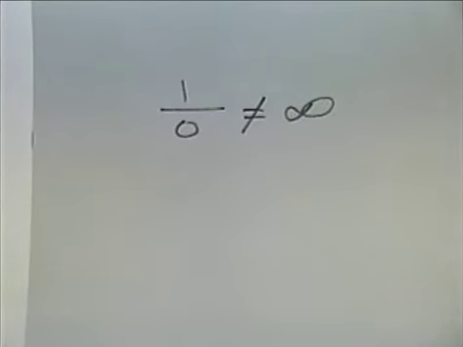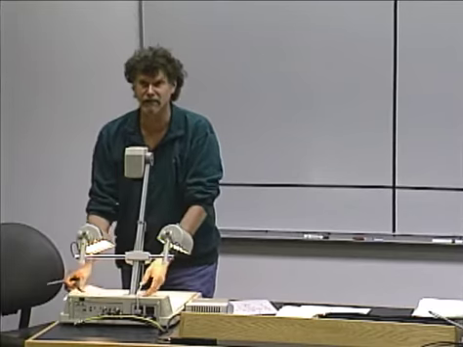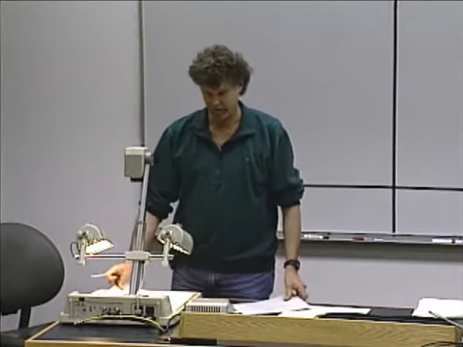If you were allowed to divide by 0, you could prove anything in the world. You could prove, for example, that 1 equals 2. It inserts into mathematics a terrible problem. It would render mathematics inconsistent. So this 1 over 0 is simply not defined, and you now know why it's not defined.